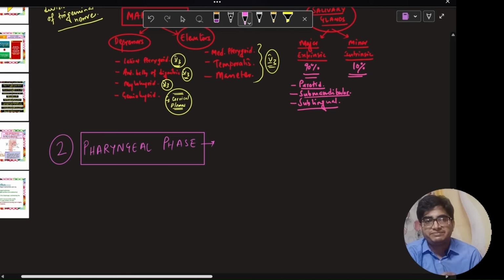So the pharyngeal phase is the second phase in the physiology of deglutition, wherein the food which has now reached the pharynx from the oral cavity via the oral phase, which was discussed in our previous video, is to reach the esophagus now by the action of the pharyngeal muscles.